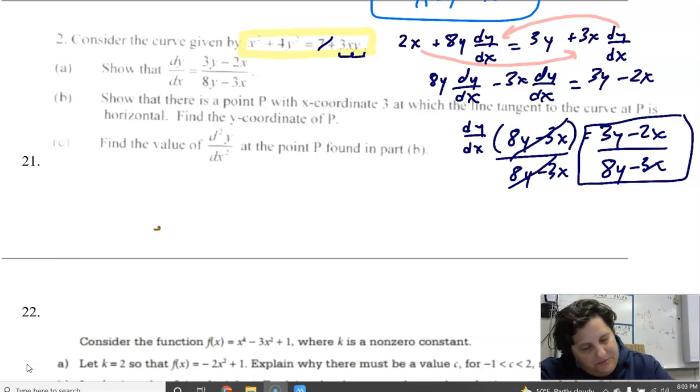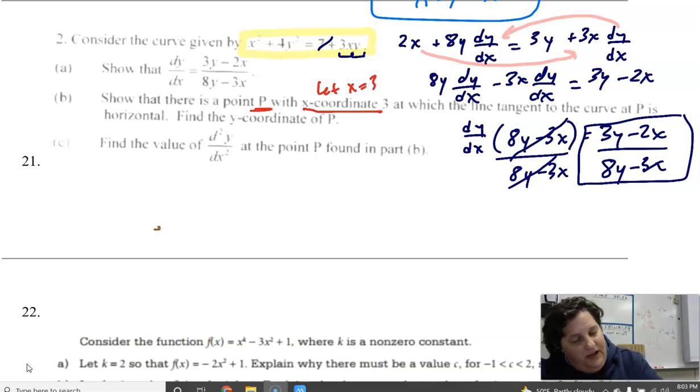Okay, next part. Show that there's a point with an x coordinate of 3. Okay, so that's important right there. An x coordinate of 3 where the line tangent to the curve is horizontal. Find the y coordinate of that point. Okay, so let's let x be 3 and plug into dy dx.